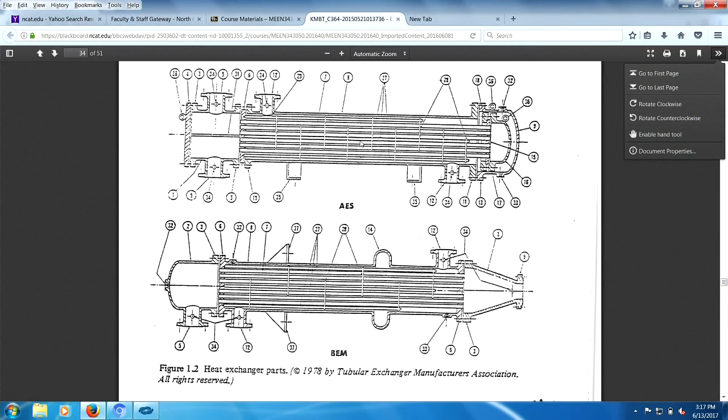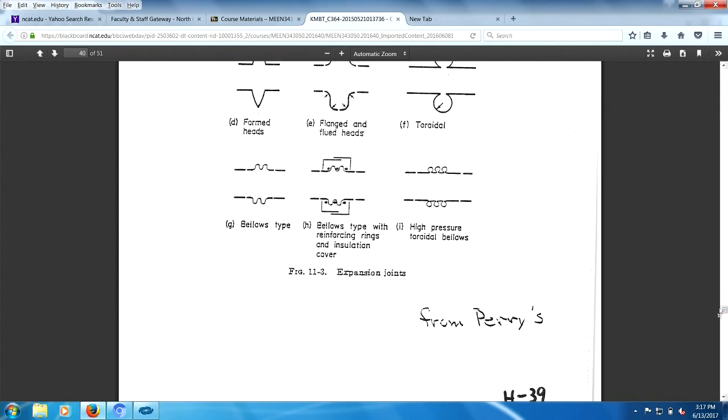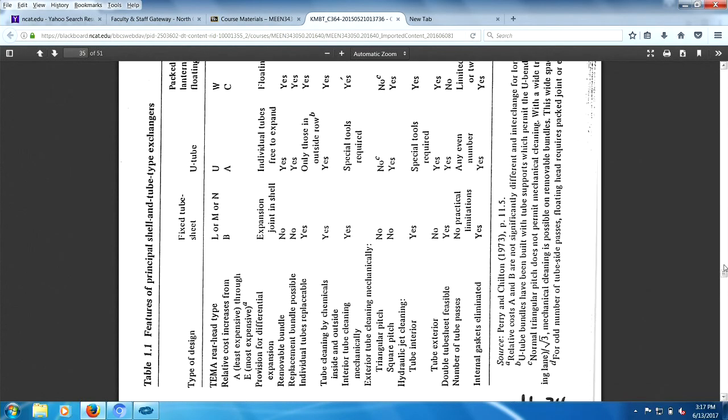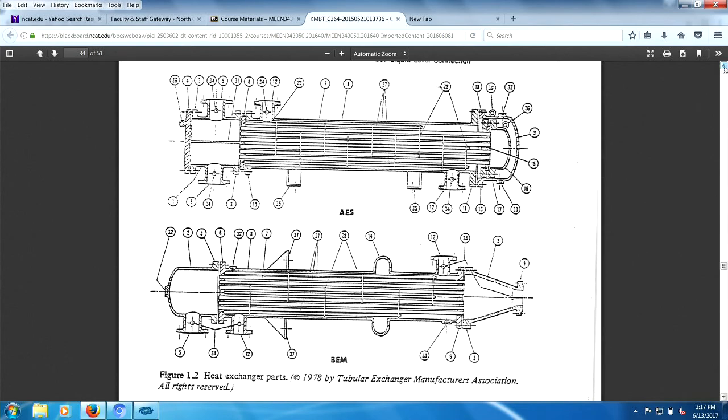What would be advantageous is you would insert it vertically.